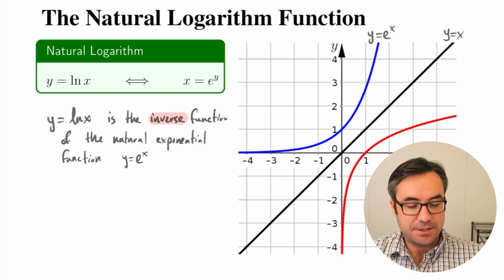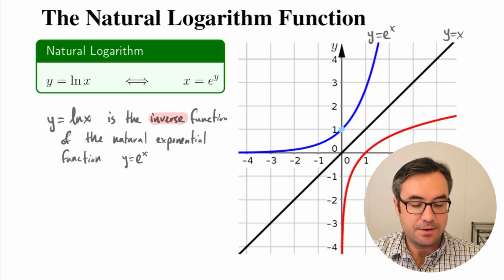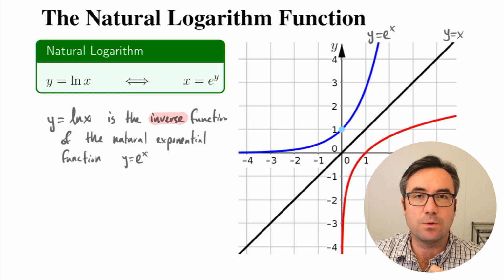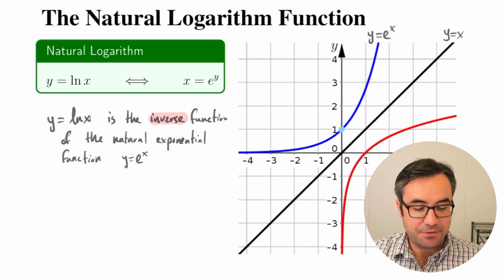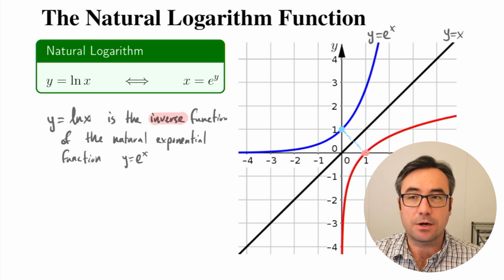Well, any point on the graph of y equals e to the x will have a mirror image, where we reflect it through this diagonal line, and that gives us a point on our natural log curve.